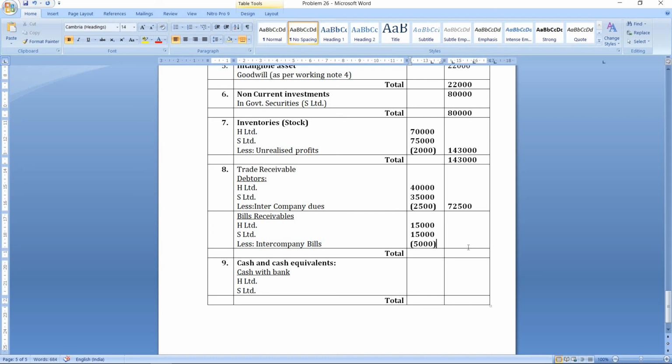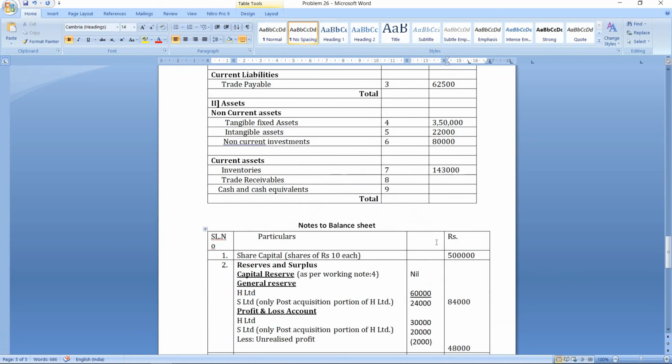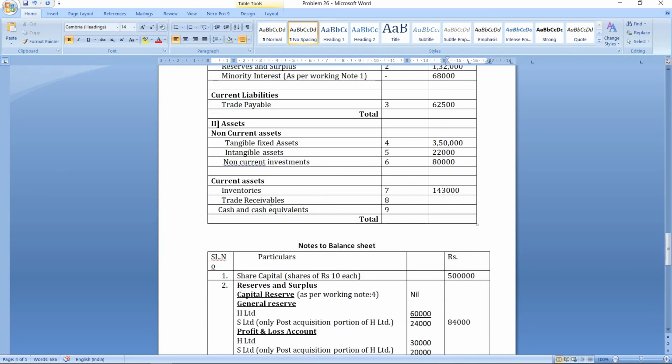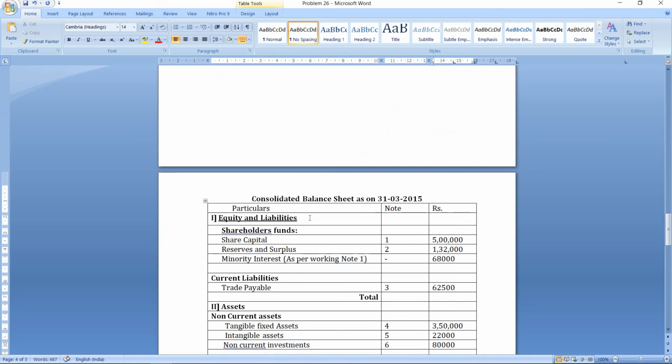So the amount that will be shown in the balance sheet will be 25,000. So total trade receivables that will be shown in the balance sheet will be 97,500. So let us show it here. Trade receivables, note number 8, amount will be 97,500.